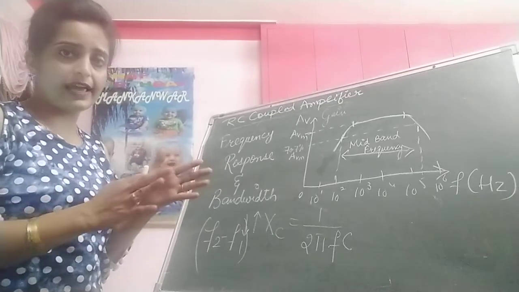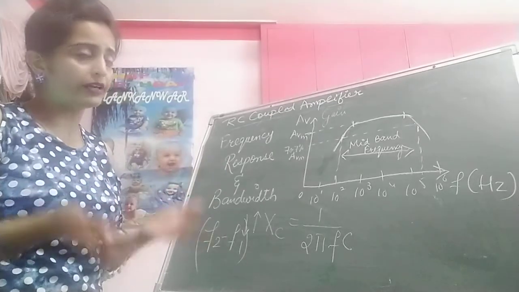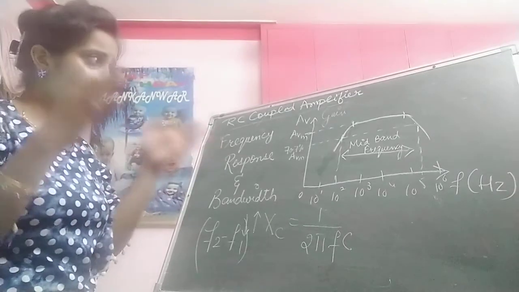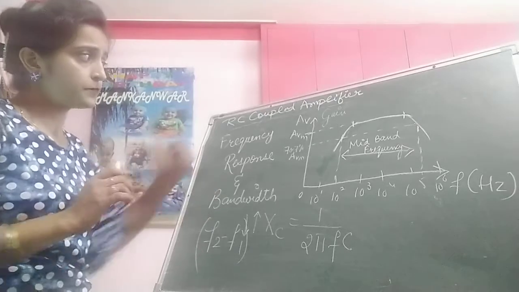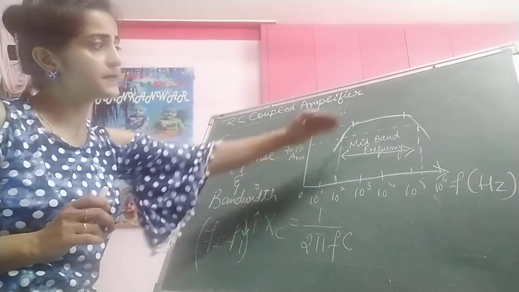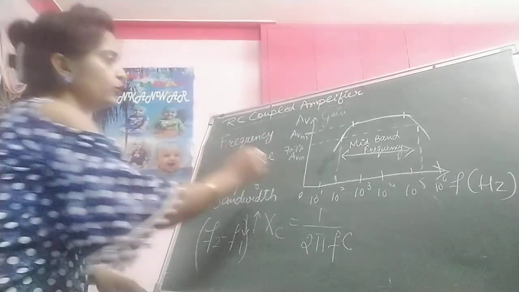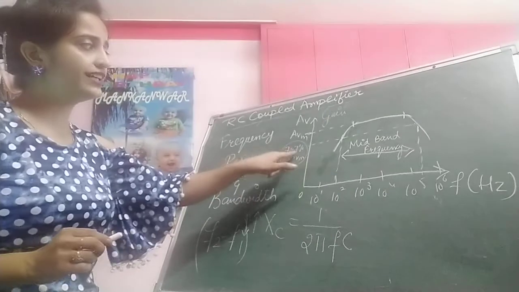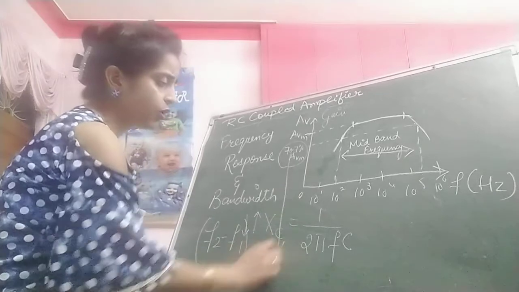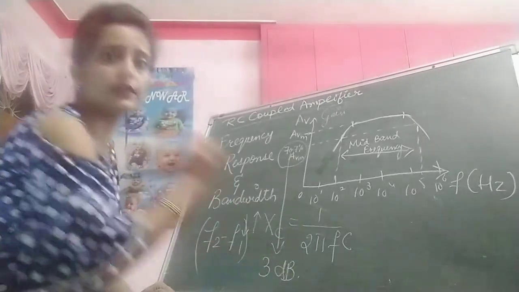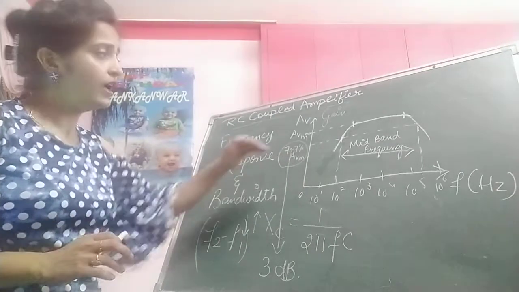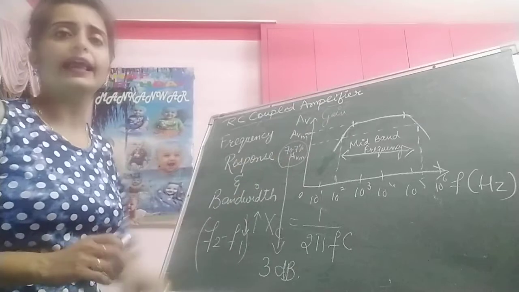The rule book says we should calculate the bandwidth at the maximum gain, but here I am calculating it at 70.7% of the maximum value, which can also be called 3 dB down. The 3 dB down value of the maximum is considered here to calculate the bandwidth.